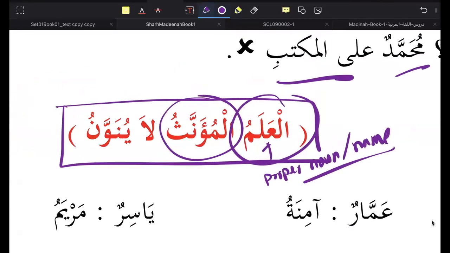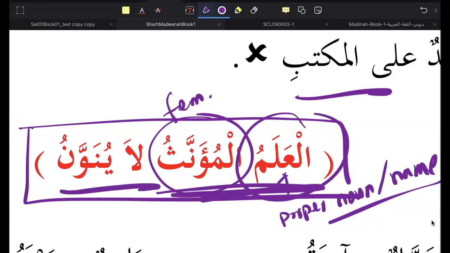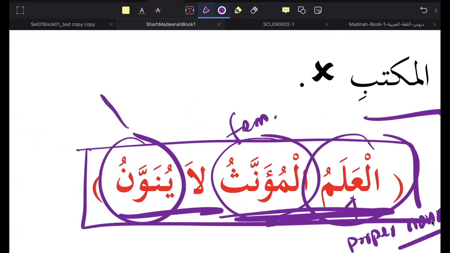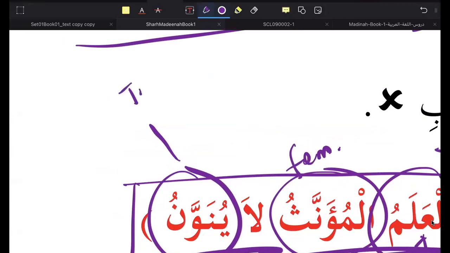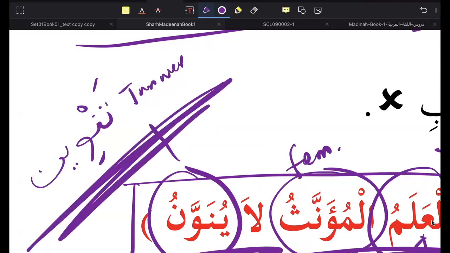Now it says al-mu'annath. This is a term we'll get much more familiar with in a later lesson, which is feminine. We haven't talked about feminine yet. So feminine names, la yunawwan. What is yunawwan? It sounds familiar: tanween. So that means it does not take tanween.